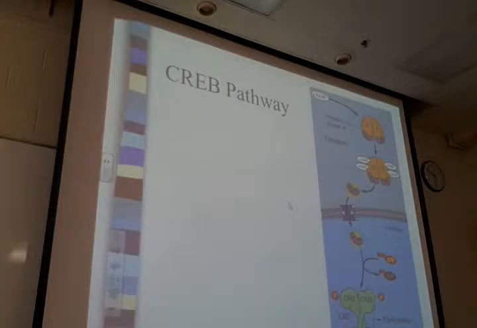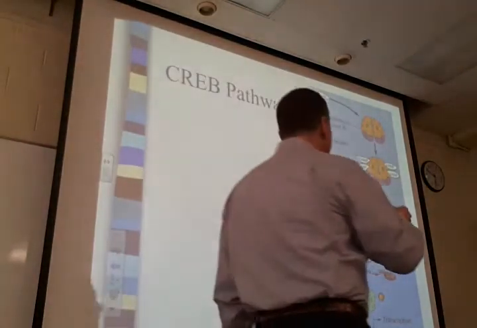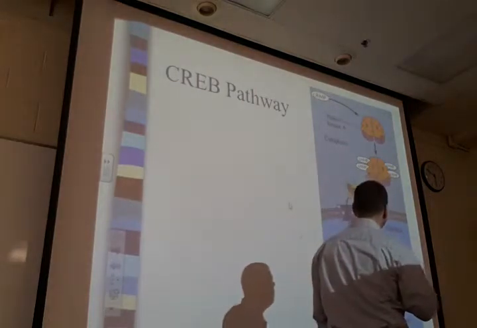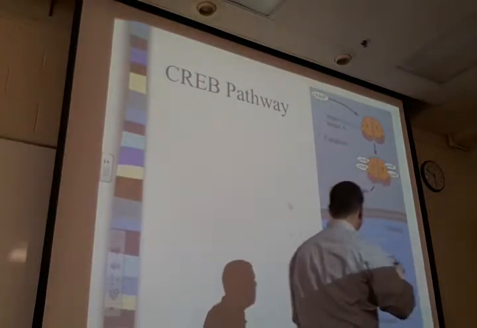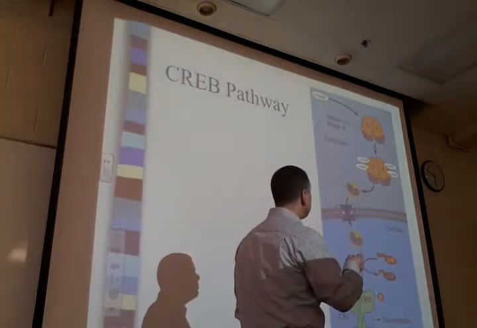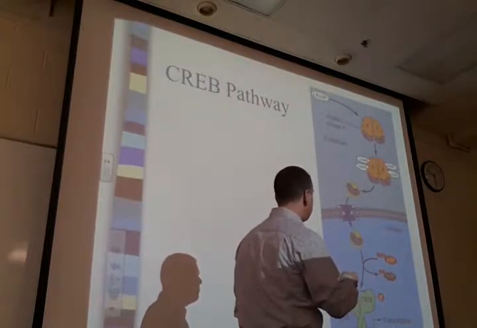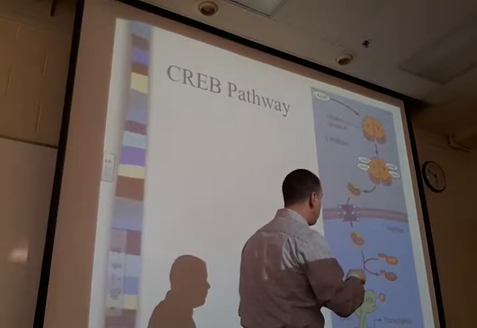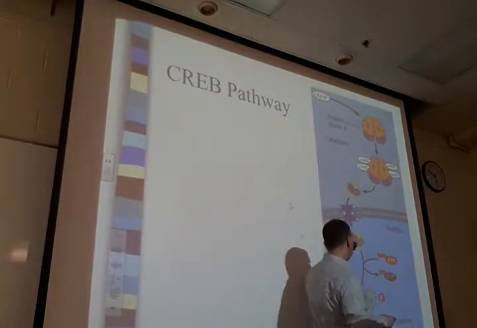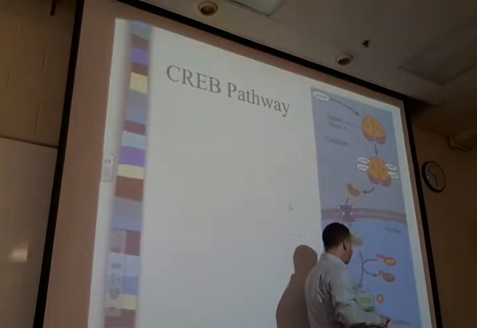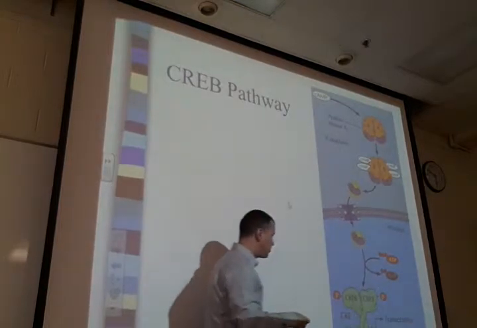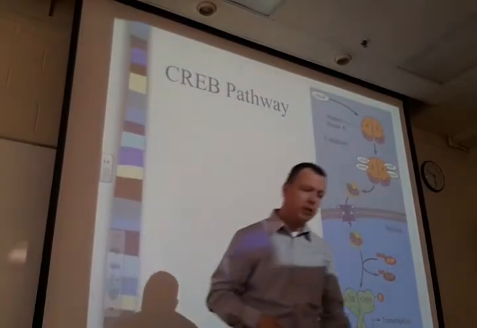In other cell types, that same protein kinase A will activate other, different proteins, which in this example here, protein kinase A releases this protein here called C, which enters the nucleus, so it must have a nuclear localization signal, and that in turn activates a protein called CREB, which is a transcription factor, which will change gene expression.